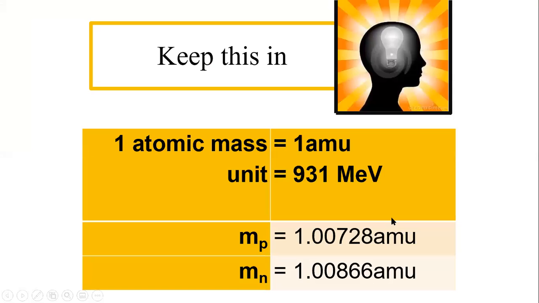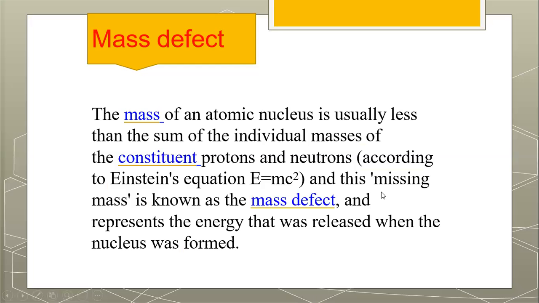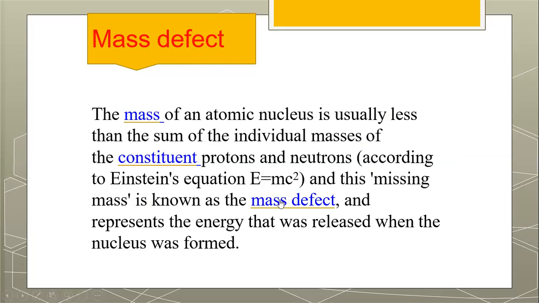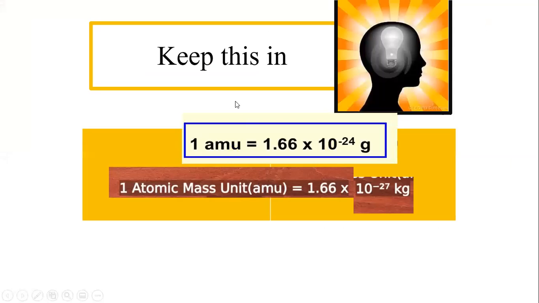So, in our next slide, we can say that later on we will see a further derivation of the Einstein equation, that 1 AMU is always equal to 1.66 multiplied by 10 raised to power minus 24 gram.